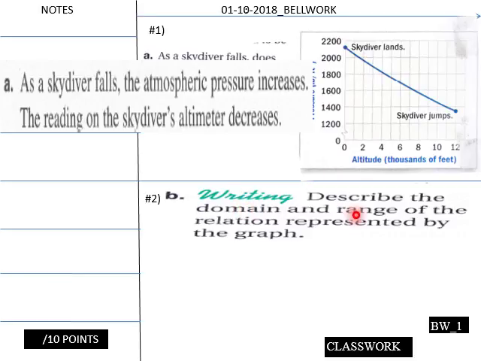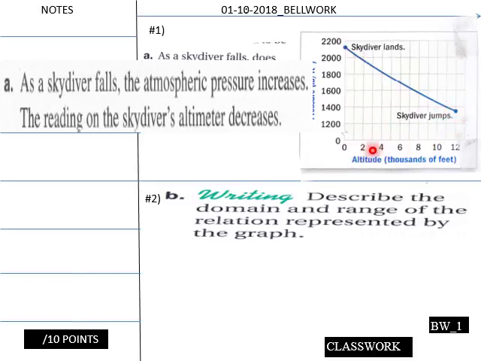And then writing: describe the domain and range of the relation represented by the graph. So students, the explanation here of the range, this is your range here, and it shows that the landing point of the skydiver has a higher atmospheric pressure, and where the skydiver jumps, it has a lower atmospheric pressure.